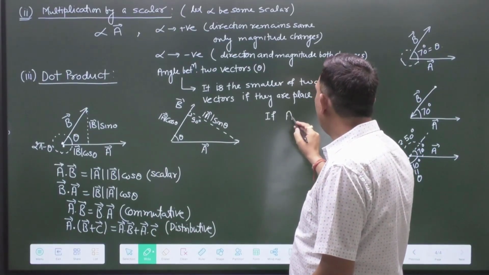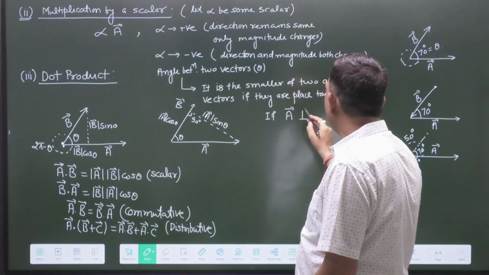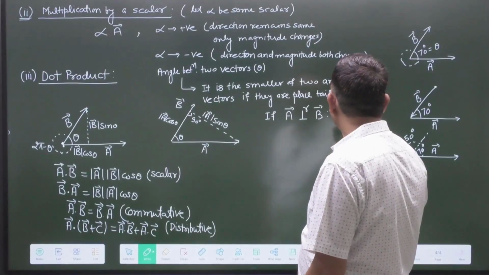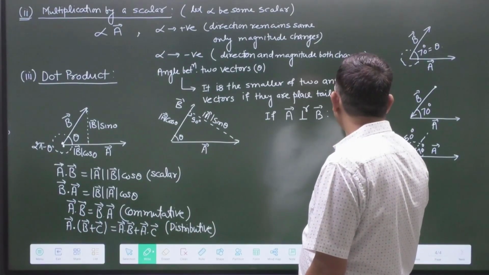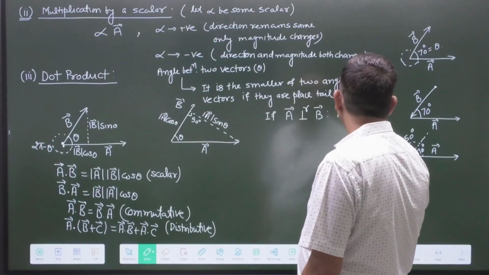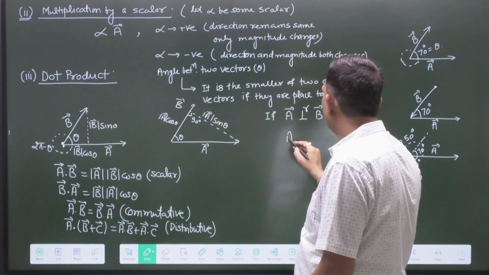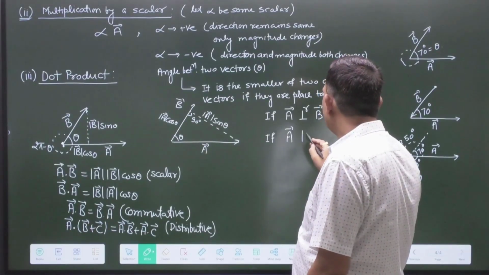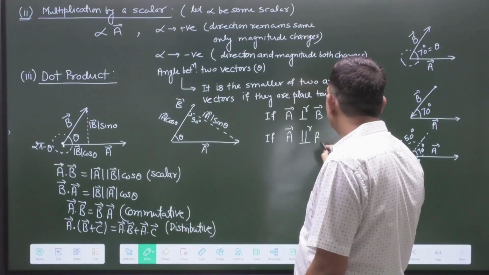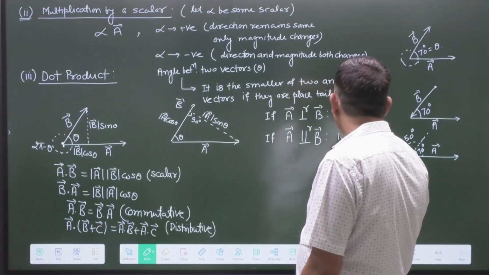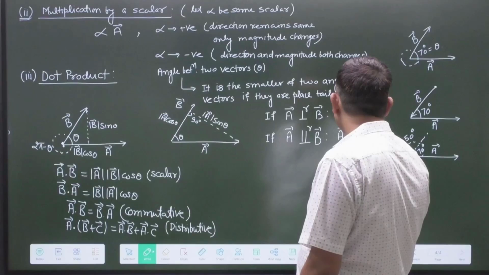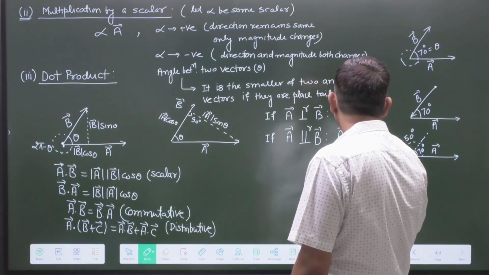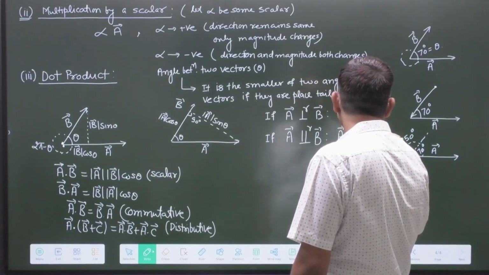If vector A is perpendicular to vector B, then A dot B is 0. If A is parallel to B, then A dot B is simply multiplication of their magnitudes, mod A into mod B, because cos 0 is 1.